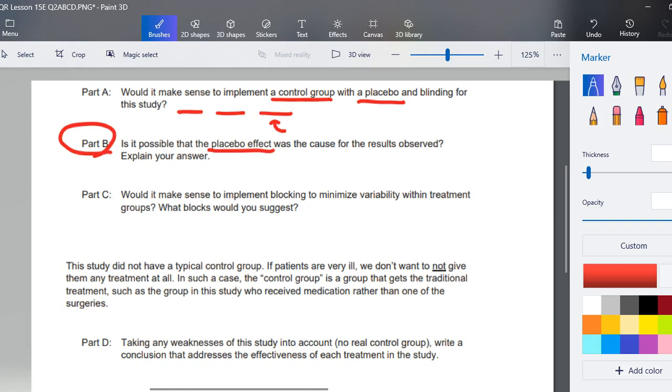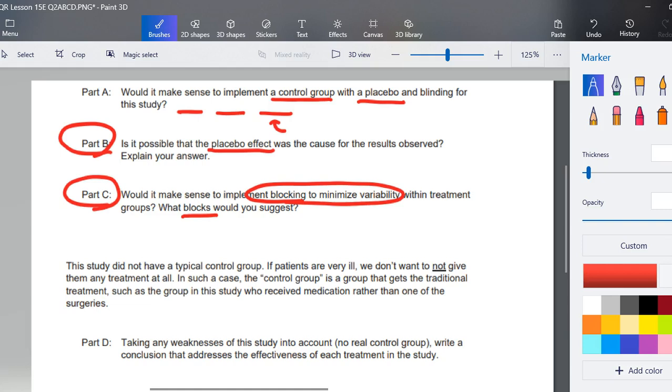And then finally, on this little part, would it make sense to implement blocking to minimize variability within treatment groups? And if you think so, then what kind of blocks would you suggest?